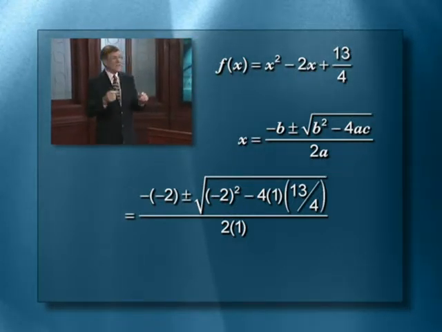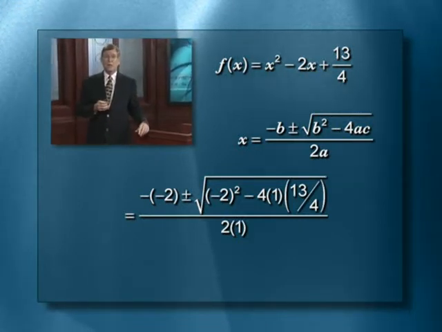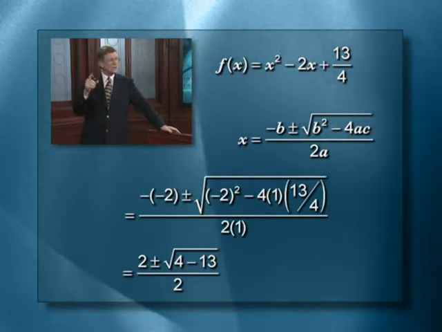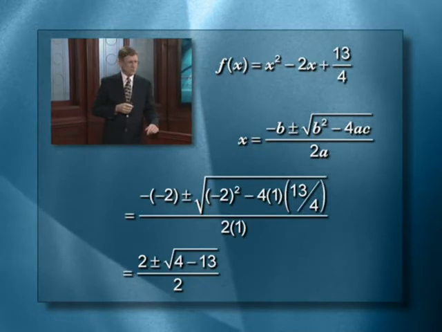And now some things cancel. The 4's cancel inside the radical, and we're left with 4 minus 13 inside the radical. So we have x equals 2 plus or minus the square root of 4 minus 13, all divided by 2.